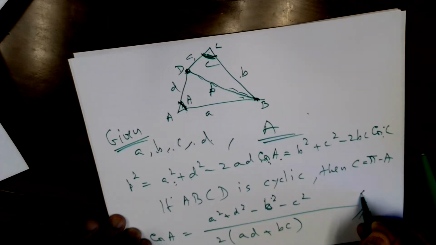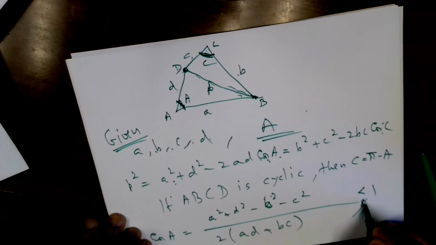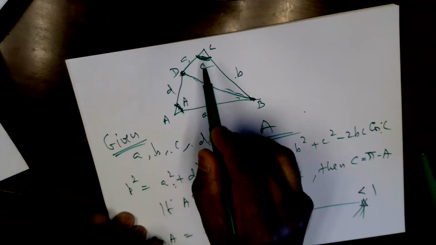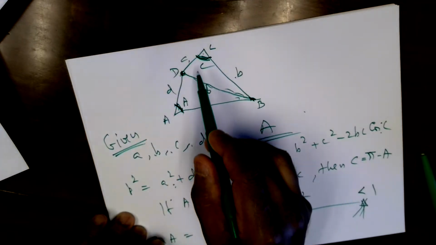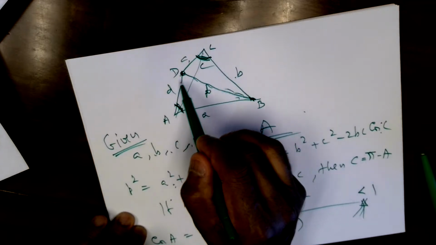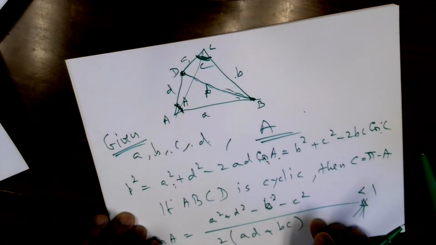Another condition is that if this quantity is less than or equal to 1, then using the given ABCD, there is an angle A which is realizable, and you can draw A, which gives you C. And if you use these two triangles, similarly you can find B also uniquely.